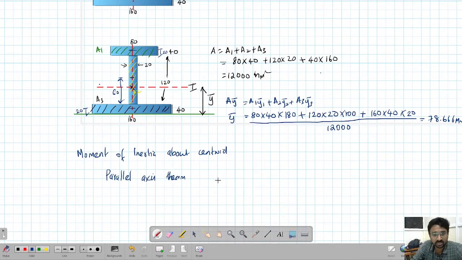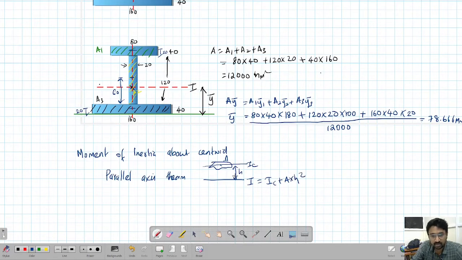So the parallel axis theorem tells us that if you have a body, some shape, it has a centroid. If you know the moment of inertia of the body about the centroid, IC, we can find the moment of inertia about any axis by IC plus area into h squared.